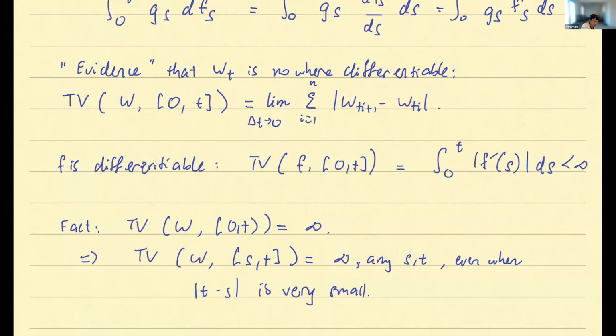If you think of the function as position, then what's total variation? Is it like the total distance that you travel? Exactly, that's total distance traveled.